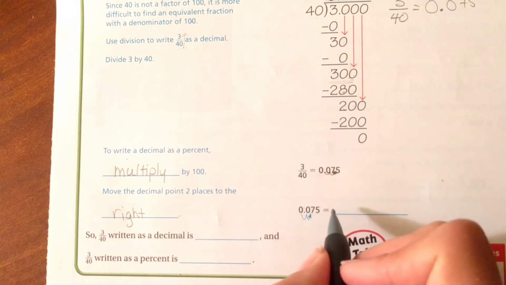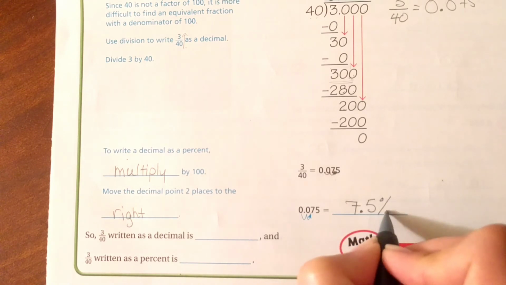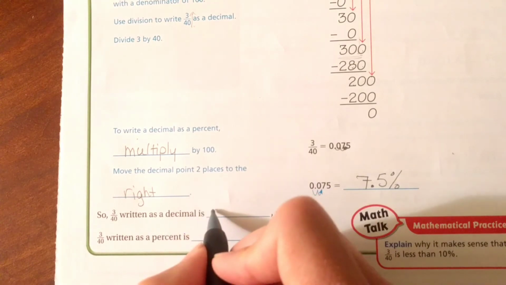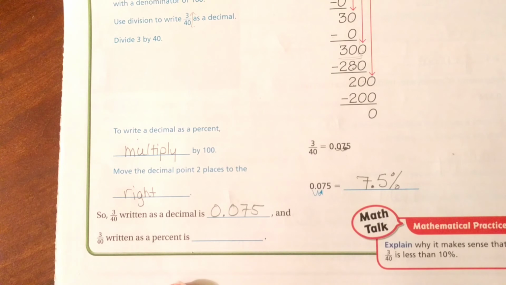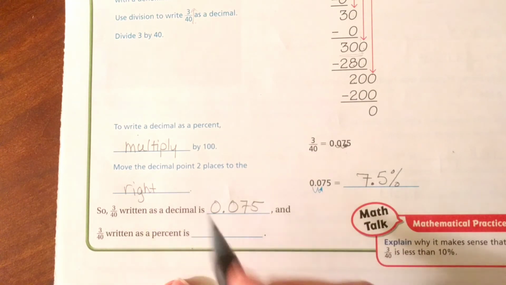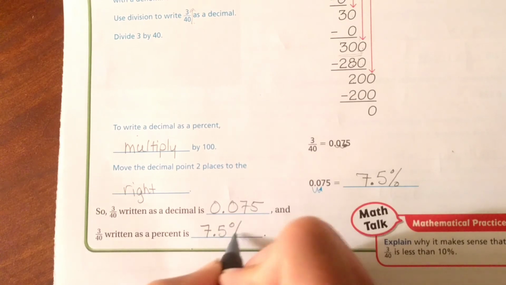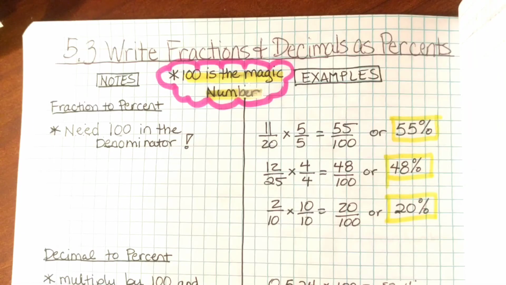So that equals 7 and 5/10%. So 3/40 written as a decimal is 0 and 75 thousandths, and written as a percent is 7.5%.